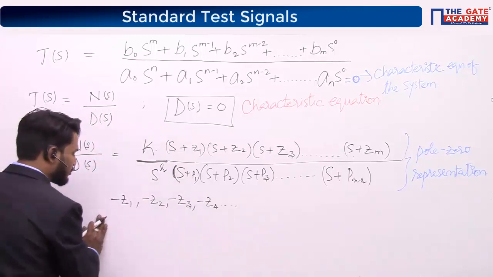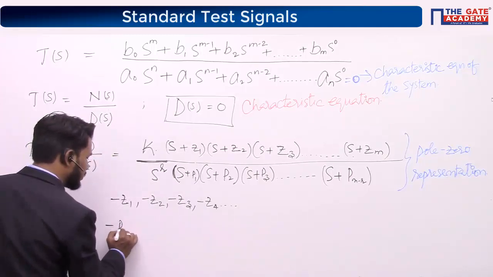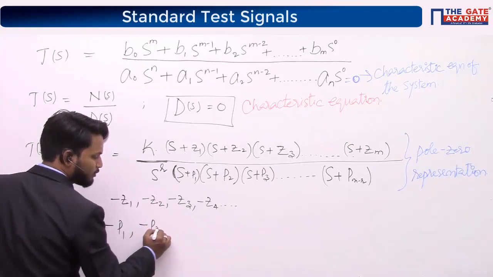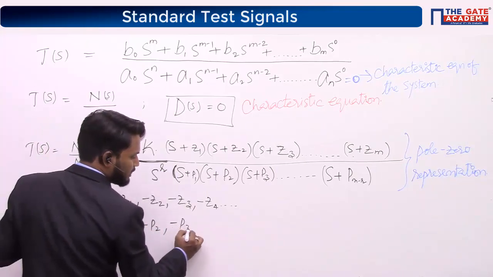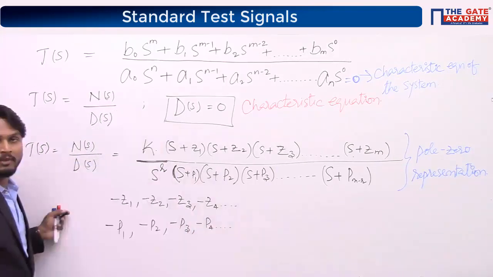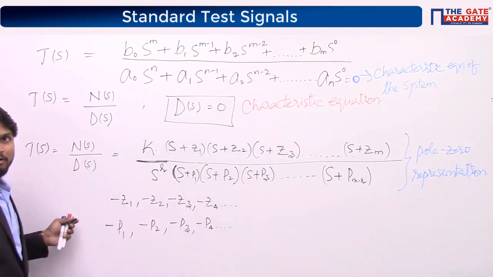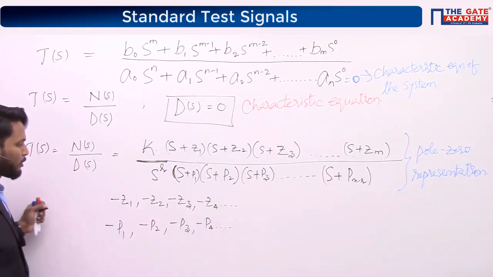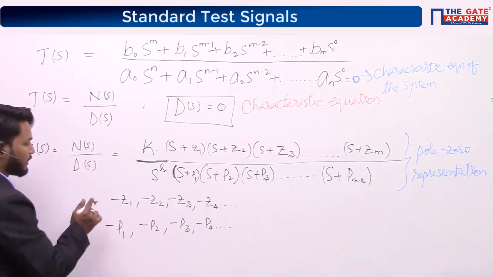The roots of the denominator polynomial are minus P1, minus P2, minus P3, minus P4. Roots of the numerator polynomial are these, and roots of the denominator polynomial are these roots, right?